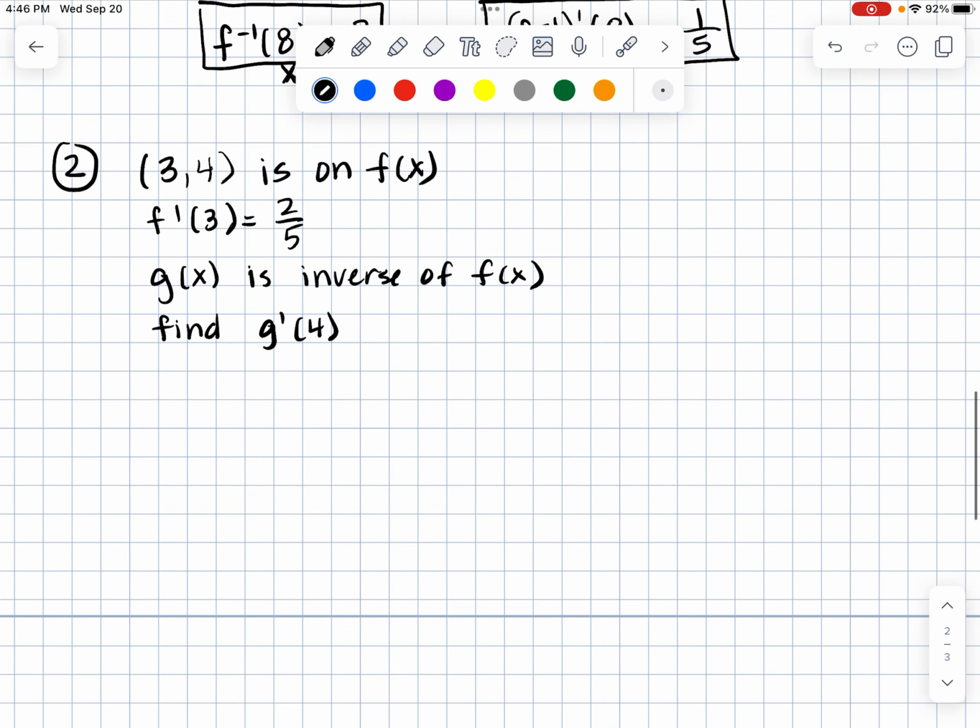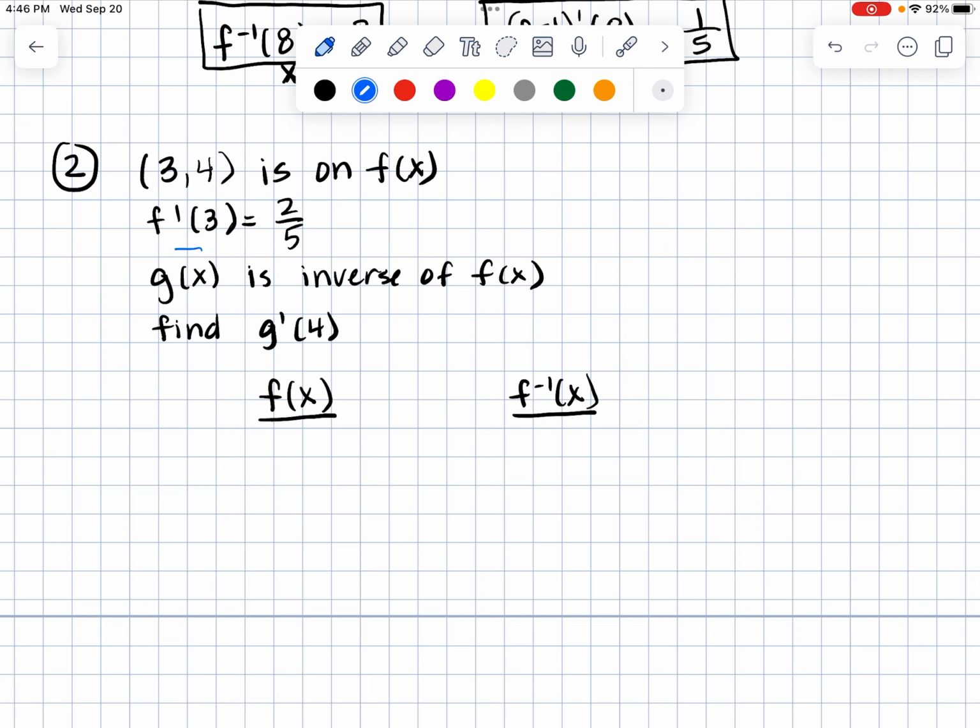So how do I deal with all this information? I'm going to put it into my little template, okay? So I'm going to write, again, f of x with a line under it, okay? And then I'm going to go ahead and write f inverse of x with a line under it, okay? Now, you guys, one thing I noticed this time, though, okay? They called the inverse of x something different.